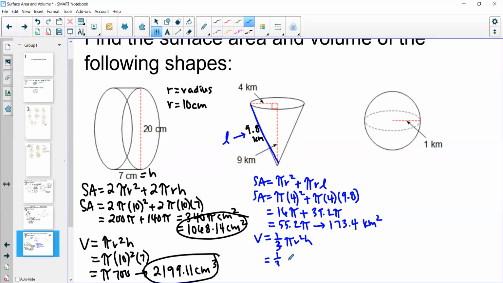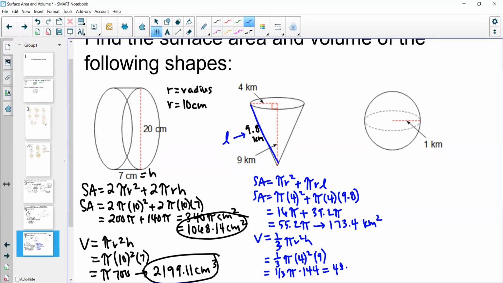So we've got 1/3 pi times 4 squared times our height, which is that 9. So then we've got 16 times 9, which is 144. So we've got 1/3 pi times 144, and 1/3 of 144 is 48.